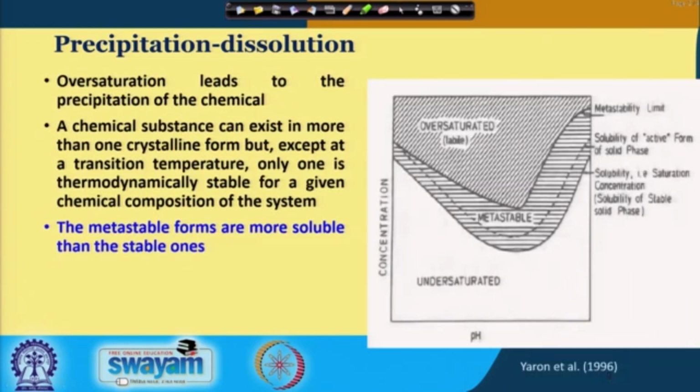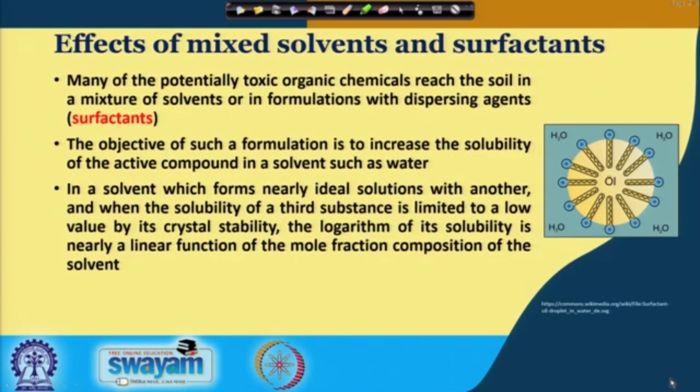I have shown you the zones of undersaturation, zones of oversaturation, as well as the metastability limits and metastable zones. Then we have discussed an important aspect, that is the effect of mixed solvents and surfactants.